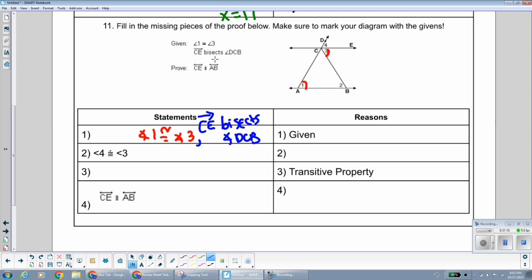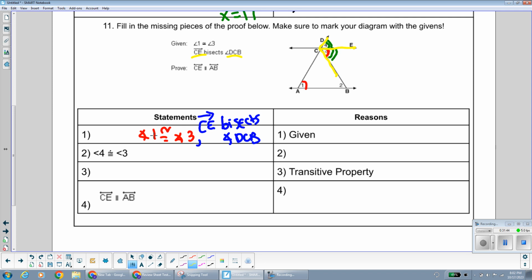Let's take a look at what conclusions we can draw from that second given. So we're told that CE bisects angle DCB. So angle DCB is being bisected by this angle bisector. And we know that angle bisectors split angles into 2 congruent parts. So the 2 congruent parts would be angle 3 and angle 4, because the angle that's being bisected is DCB. It's being bisected by ray CE. So notice how this is the bisector, so it's cutting this angle equally in half.